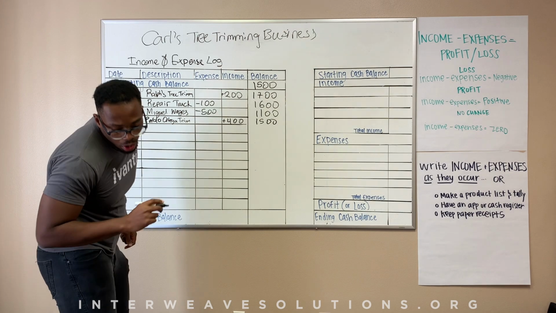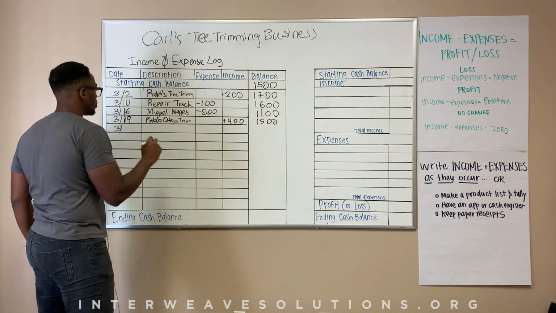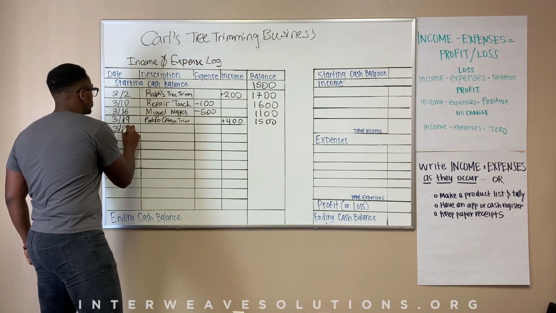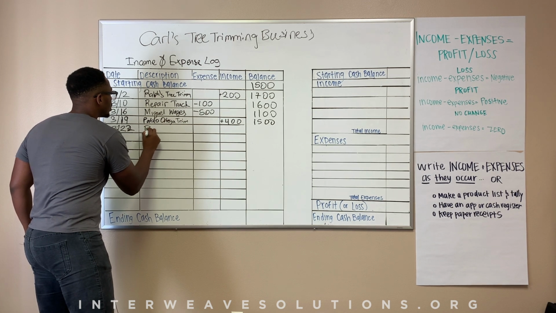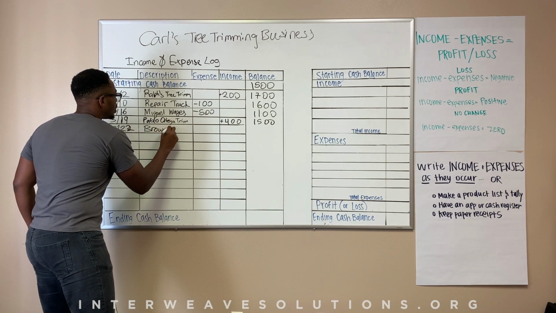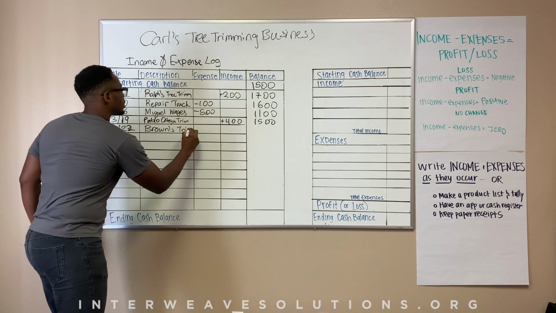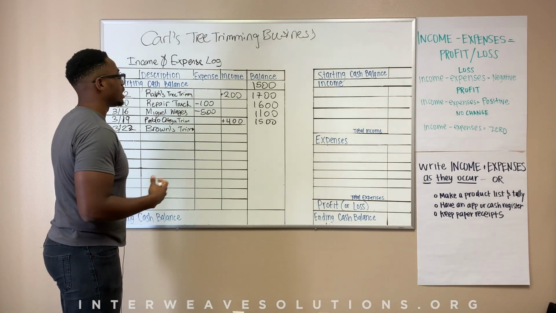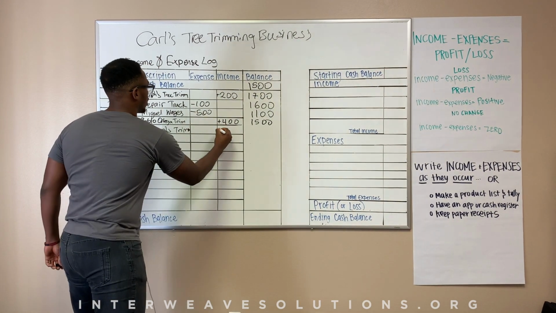The next thing on our list would be trimming Brown's orchards. We'll be trimming Brown's tree. So that's 3/22, and we'll just go with Brown's trim. We're giving out a service to Mr. Brown, and he's going to pay us the amount of $1,000.